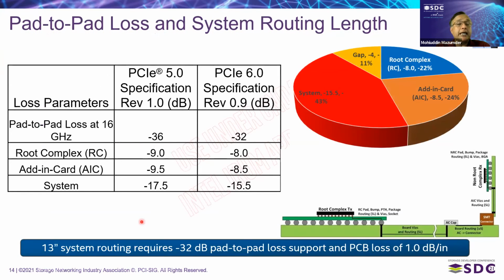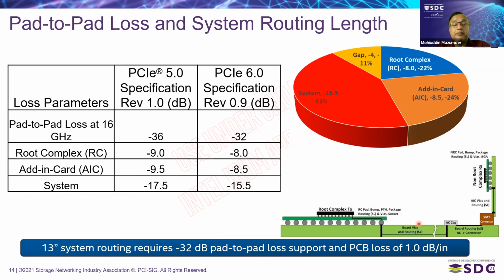Going into a little more detail on the electrical side. A very common topology that we study for PCIe spec development is the so-called one connector CEM topology. What we are showing here is a system host board and a CEM-based card plugged into it. Our goal since PCIe 4.0 has been to allow support of this topology where a CPU or root complex is communicating with a non-root complex, which could be a storage device or a graphics GPU and so on.